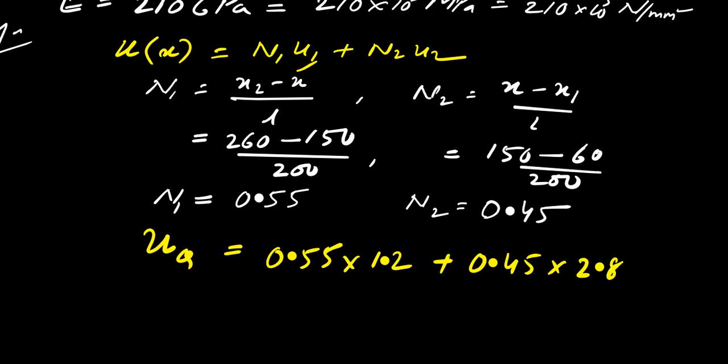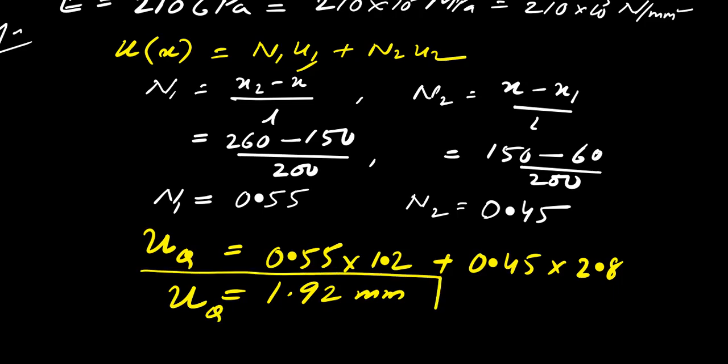So now if you calculate 0.55 into 1.2 plus 0.45 into 2.8, we got 1.92 millimeter, because it's the displacement U at point Q. So the displacement at the node Q is 1.92 millimeter as per the condition.